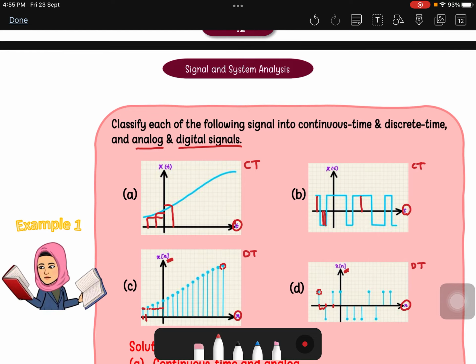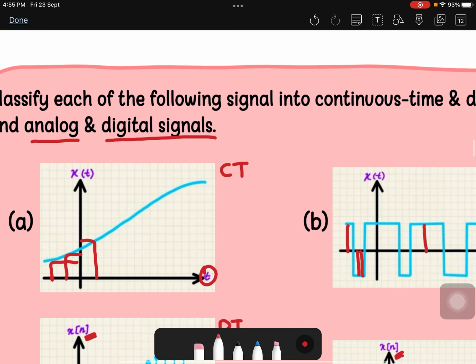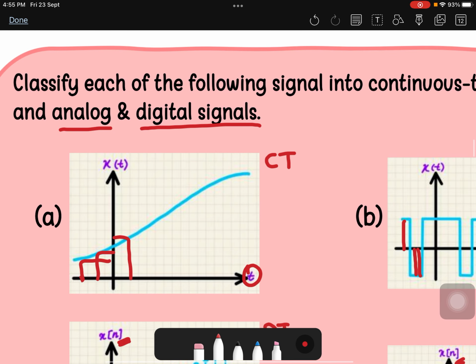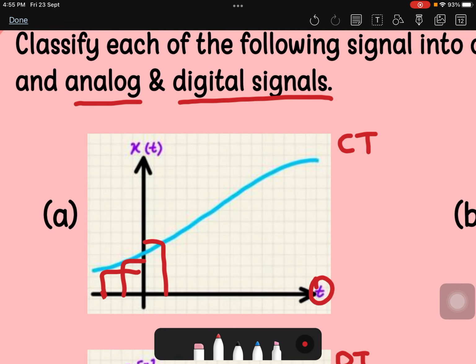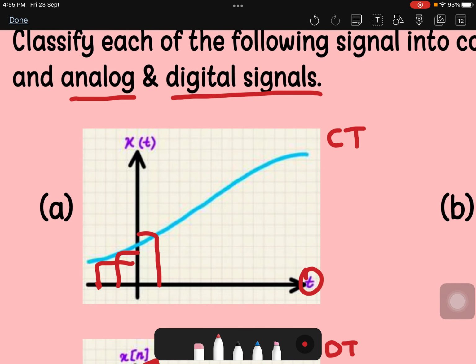So now let's have a look at question A here. We want to classify whether figure A is an analog or digital signal. Let me quickly delete this so we can write on it again. We look at the definition or characteristic of analog and digital signals.